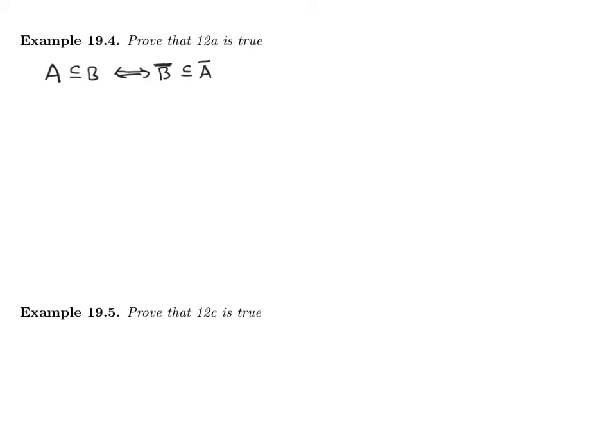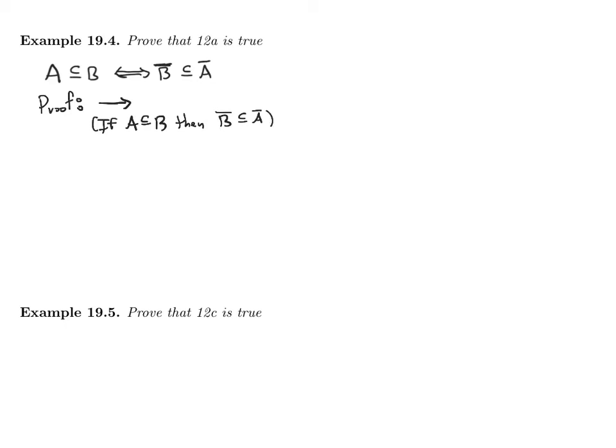Okay. So let's go ahead. Remember we have two arguments to do here with an if and only if. So let's prove this. Let's do the if direction first. So we're going to prove that if A is a subset of B, then the complement of B is a subset of the complement of A. So that's what we're going to show.